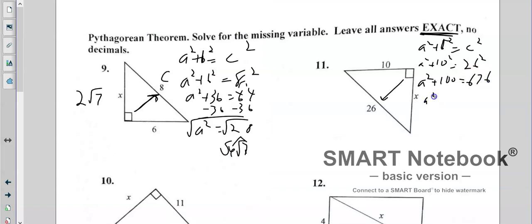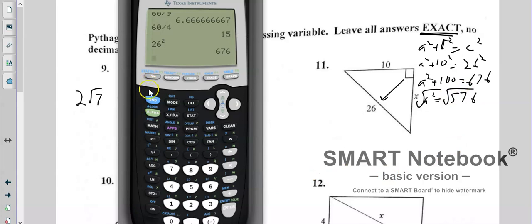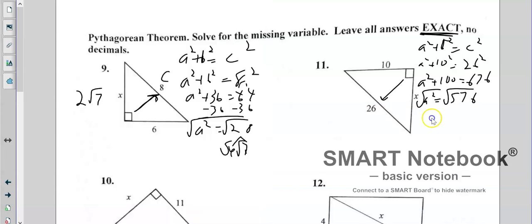Subtract 100, I get a squared equals 576. Well, first off, check and see if that's a perfect square. So, square root of 576. It is. So your answer is x equals 24, or a equals 24, doesn't matter. But notice, smaller than 26, the largest side. So our answer is good.